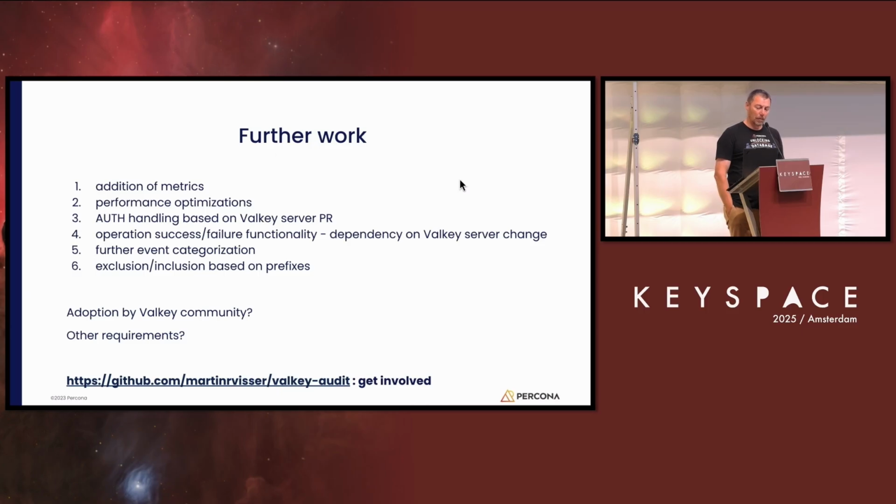And then the more difficult one is that because the command filters execute before command execution, you don't know if a command was successful or failed, so there's a dependency there to have a callback from Valkey to say this was a failed command or things like that.